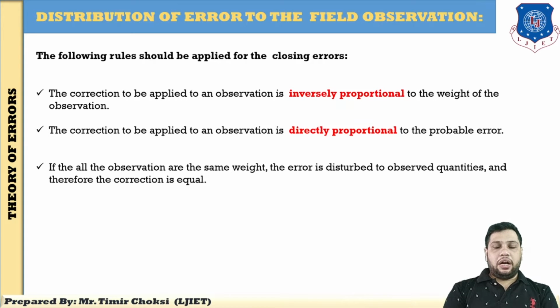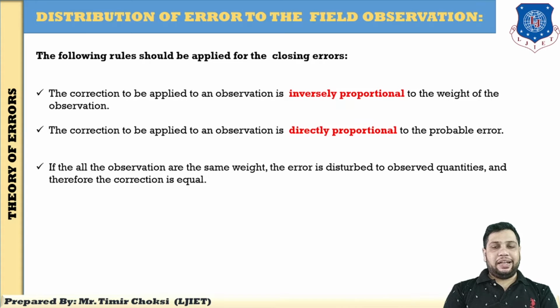Like, a traverse conducted in a field has 5 lines. The summation of the included angles of a traverse is (2n minus 4) times 90 degrees. The traverse has 5 lines, so n equals 5, so the total angle is 540 degrees. But in the observed values, the included angle summation is 539 degrees, 50 minutes, 50 seconds.